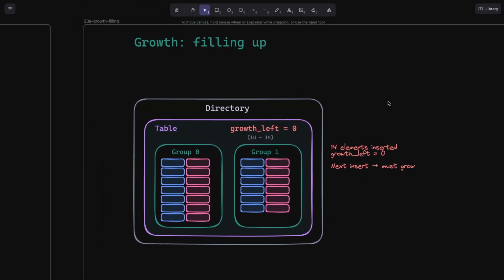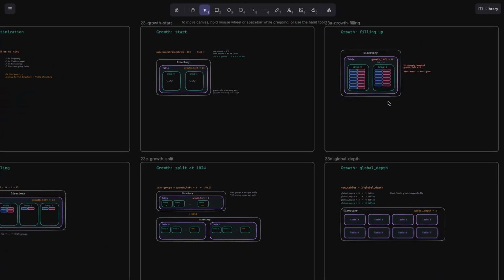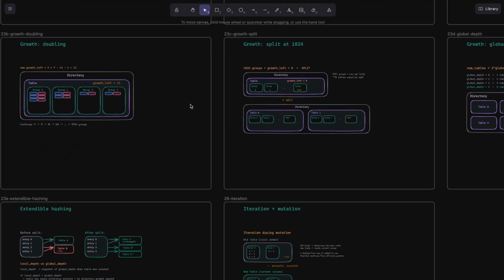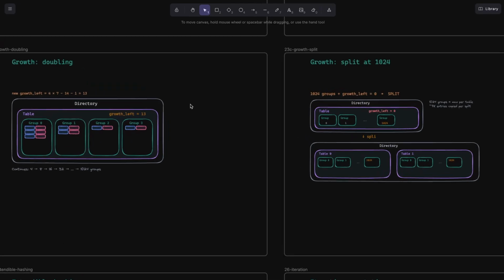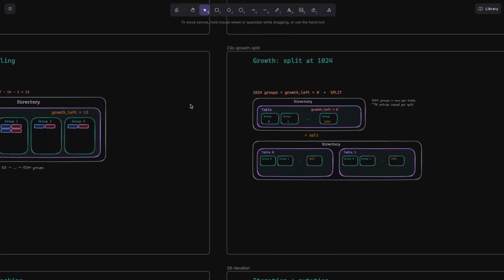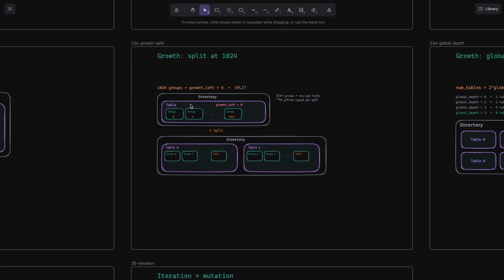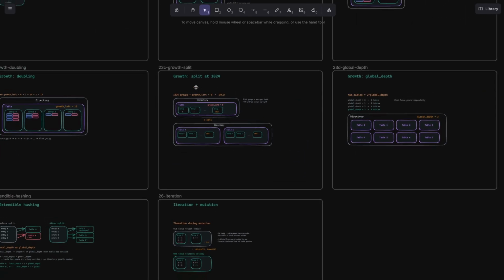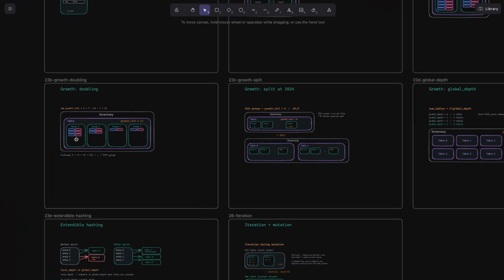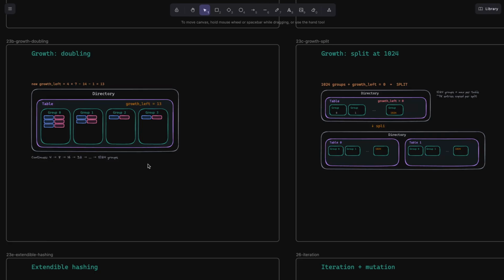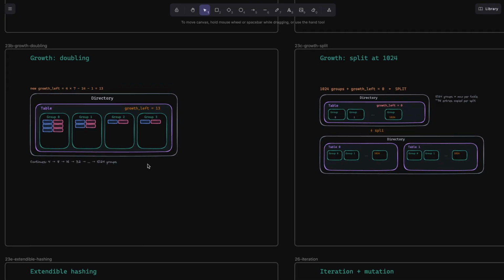There is no 2 times memory spike across the whole map and no giant stall. Growth happens in small, bounded chunks capped at a few thousand entries per step. The technique underneath is called extendible hashing, with a directory that doubles and some depth bookkeeping. And the takeaway you can feel is simply smooth, predictable growth instead of one big lurch.